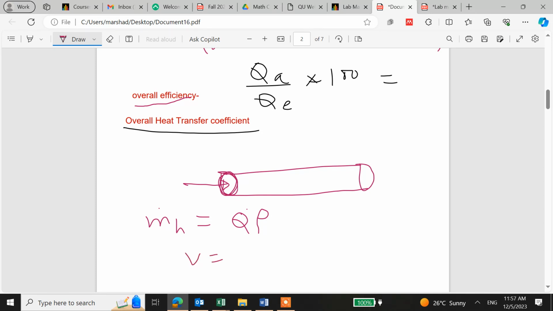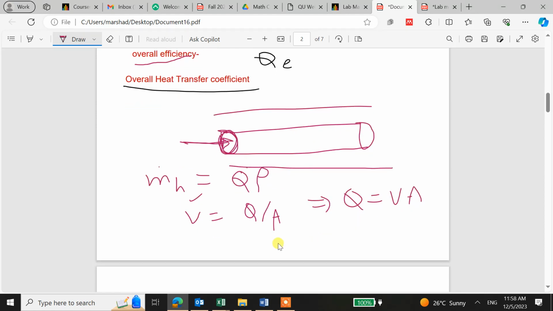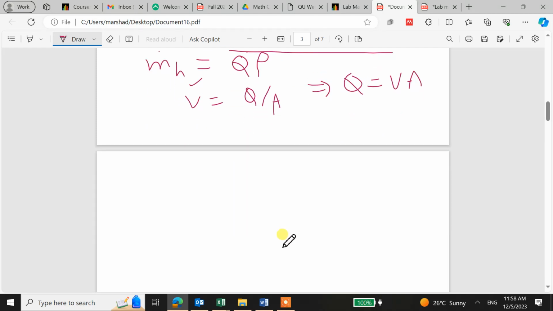You know that velocity is Q over A, so if you know the velocity, you can find the flow rate. The area of the flow for the hot is pi r squared. For the cold, what is the area of the flow? If you see this view, this is inner and this is outer, right? In this area, the cold water is flowing.